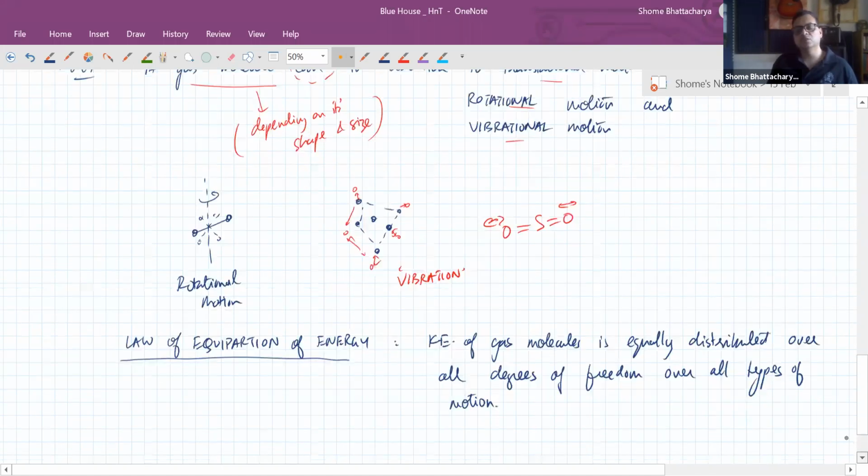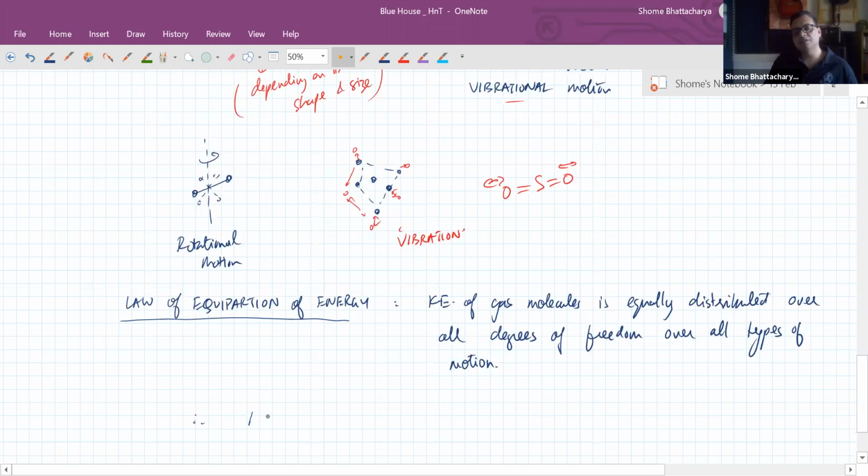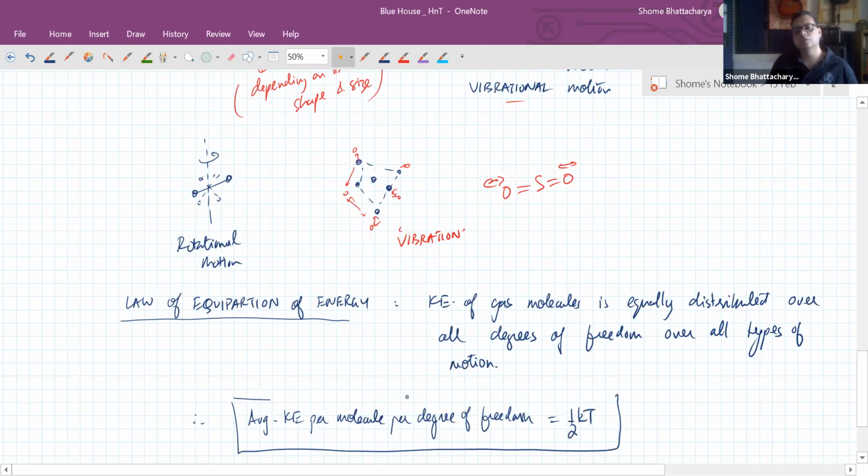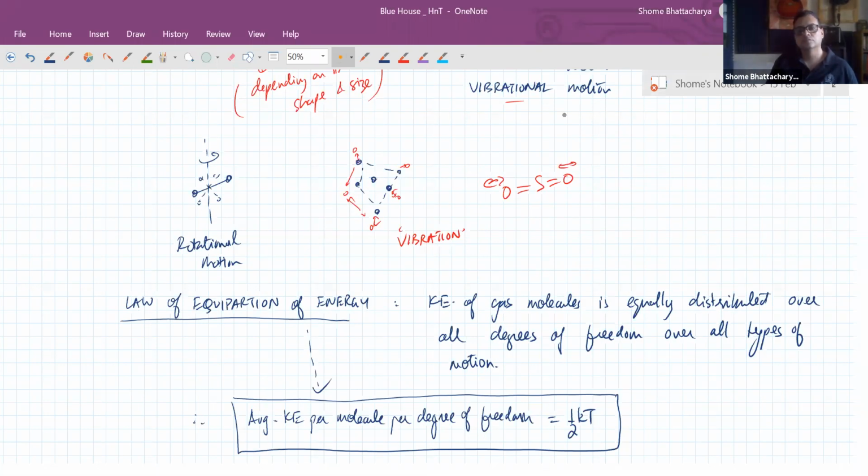So it becomes a more general equation now that the average kinetic energy per molecule per degree of freedom is equal to 1 by 2 kT. This becomes the mathematical form of the law of equipartition of energy. We had written that for translational kinetic energy earlier.